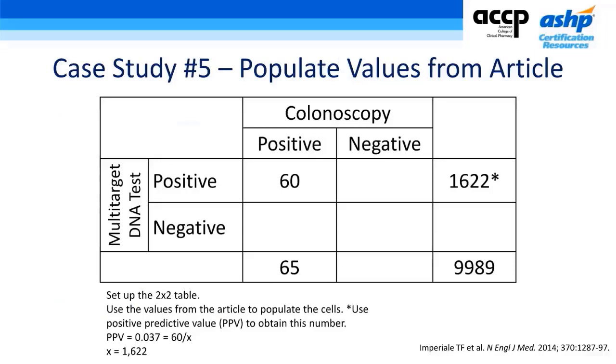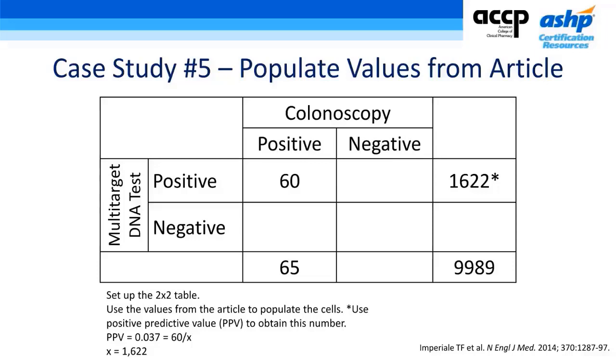Okay, so we knew that there were 60 true positives from the new test and that there were 65 from the colonoscopy. So you can see those values entered into the table.